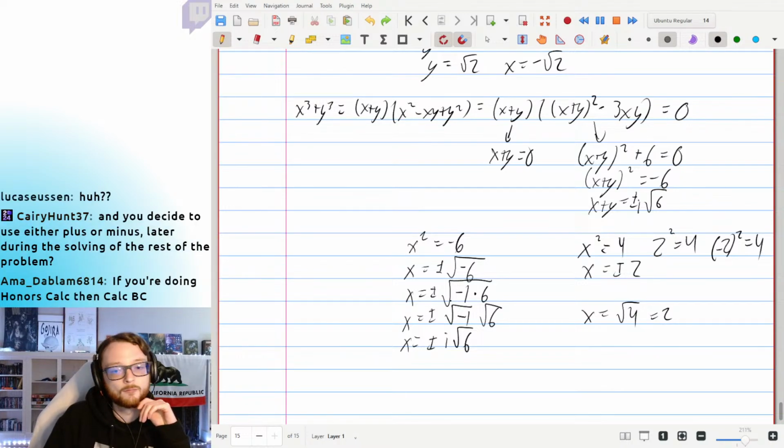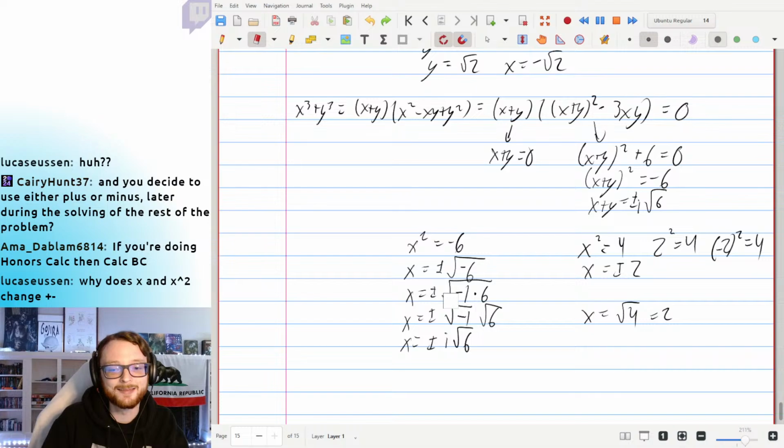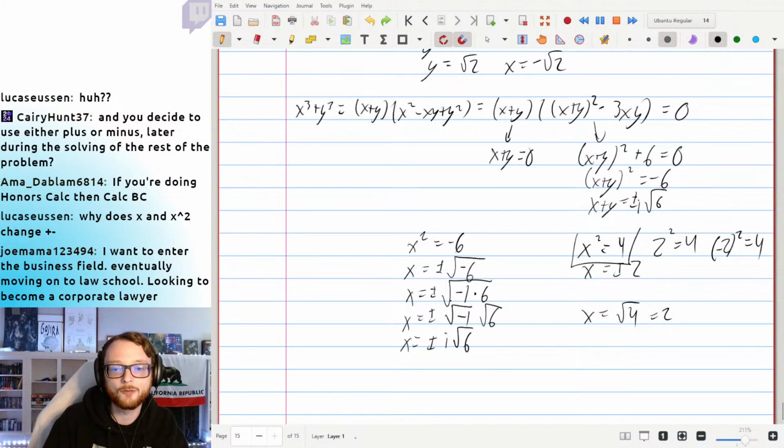Okay, so if you have an equation and you take the square root of each side, you always need a plus or minus. That's just kind of like the rule. So if you have x squared equals 4 and you take the square root of each side, you need to insert a plus or minus.